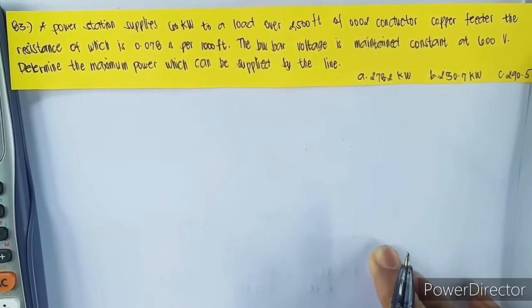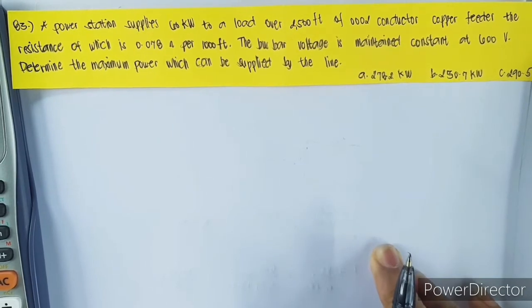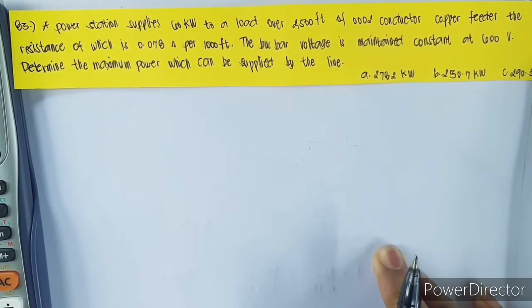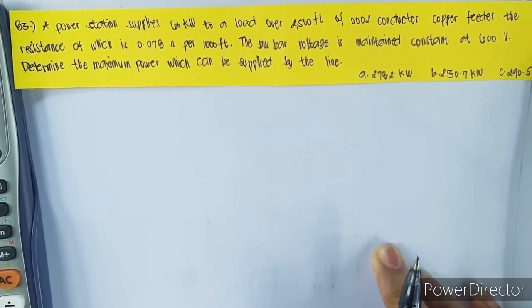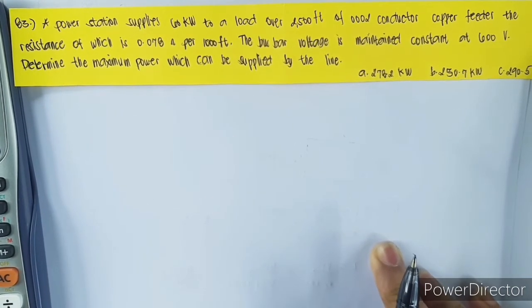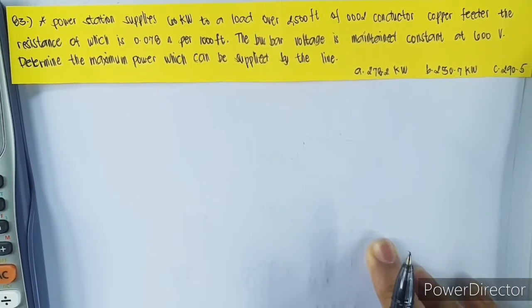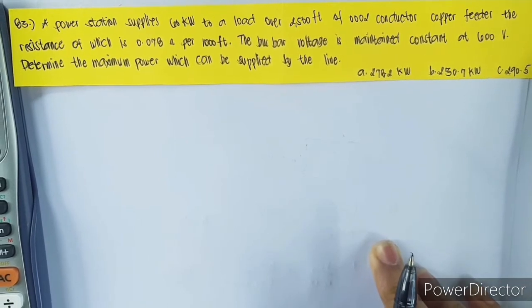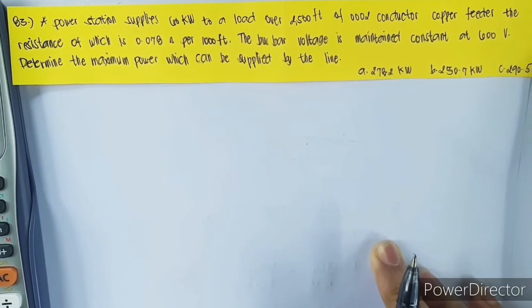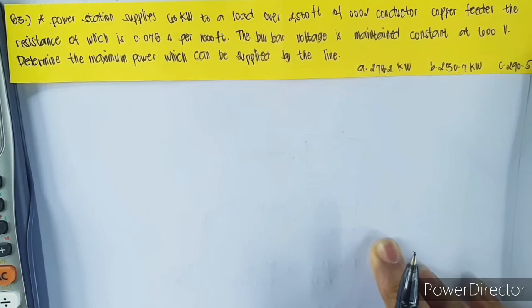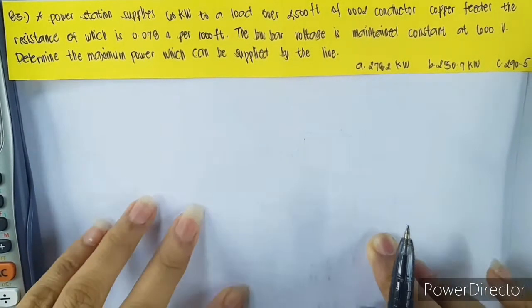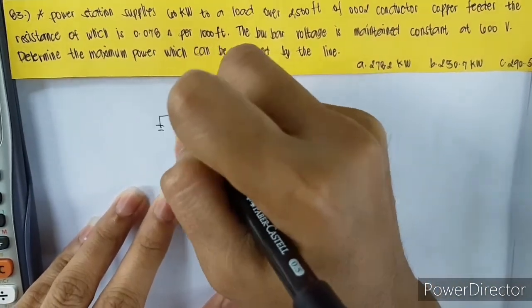Okay, so we have here problem number 83. A power station supplies 60 kilowatt to a load over 2,500 feet of 2-conductor copper feeder, the resistance of which is 0.078 ohm per 1,000 feet. The bus bar voltage is maintained constant at 600 volts. Determine the maximum power which can be supplied with the line. So first, do the diagram.